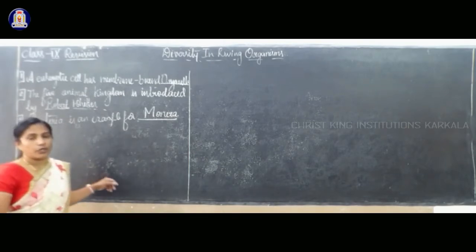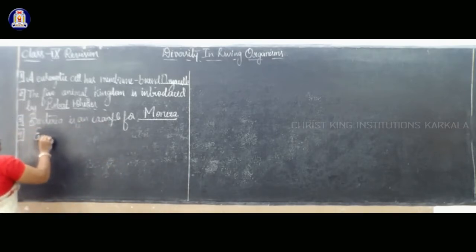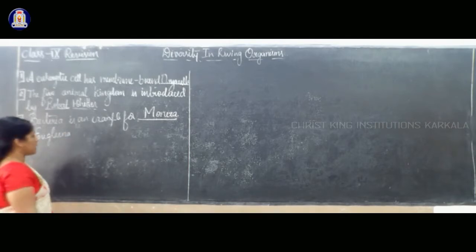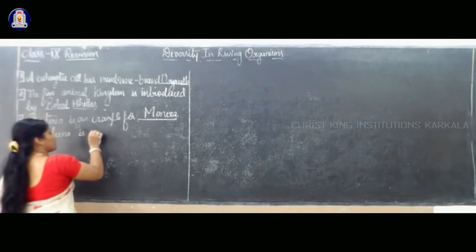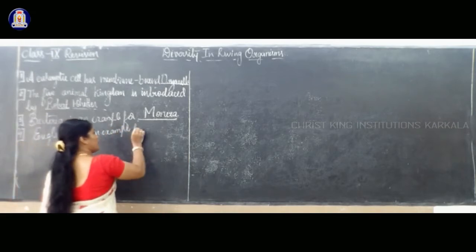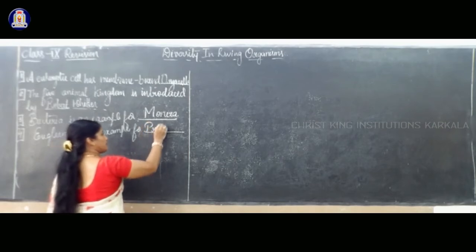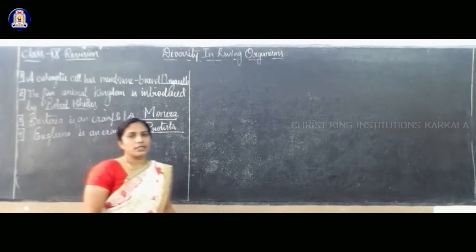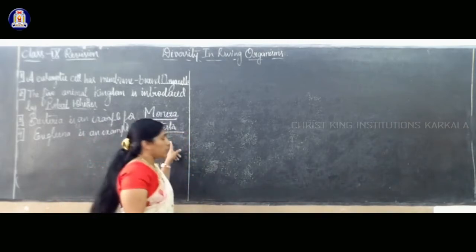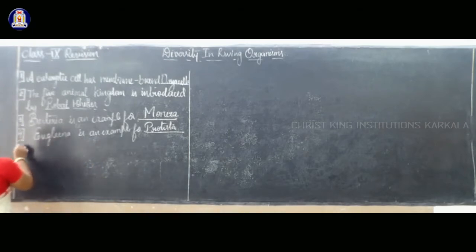Next one, kingdom Protista. Which are the two examples? Euglena and Paramecium is an example for Protista. So Monera, kingdom Protista, kingdom fungi.